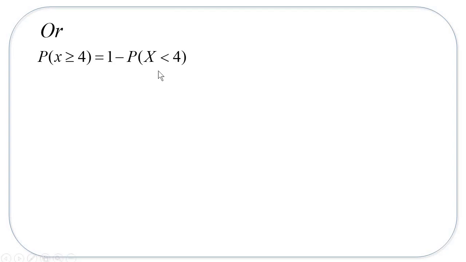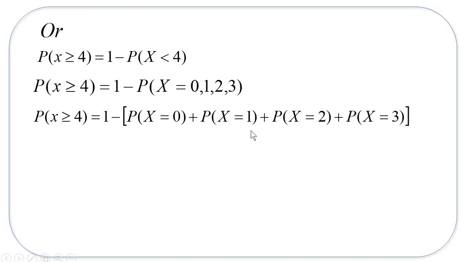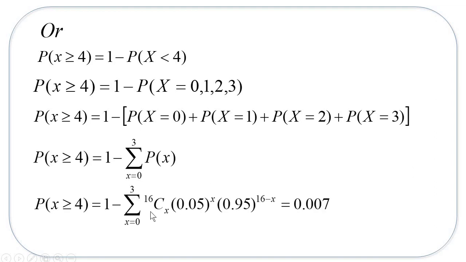So you can use this condition, that is 1 minus probability of the complement, strictly less than 4, that is 1 minus probability that X is from 0 to 3. Adding all the probabilities from 0 to 3 and then subtracting from 1. This will give you the answer in your calculator at a faster rate compared to the previous method, and both are the same.